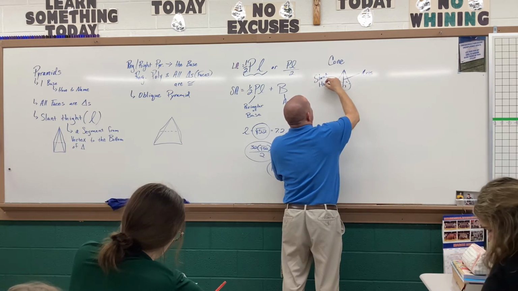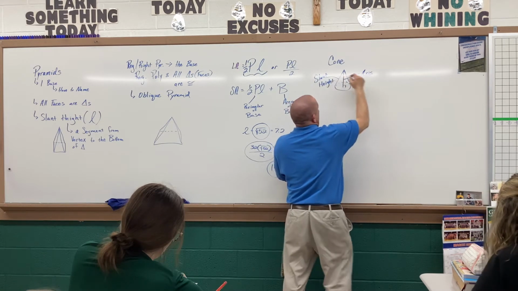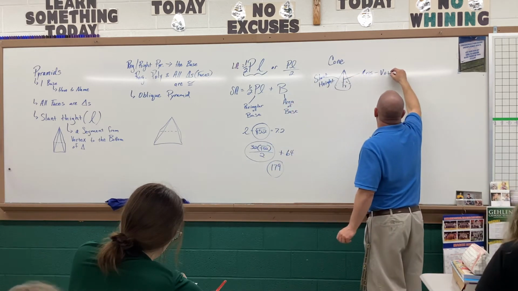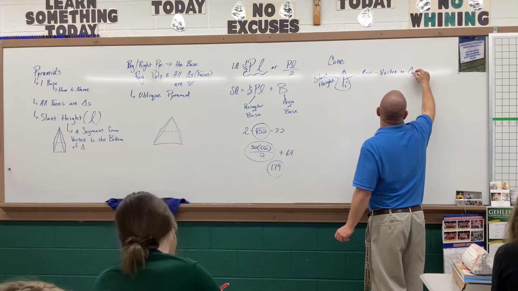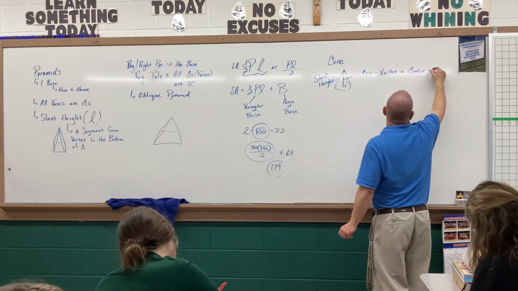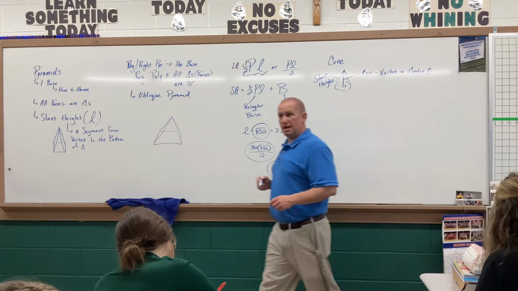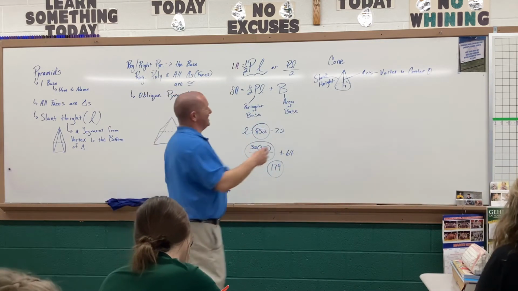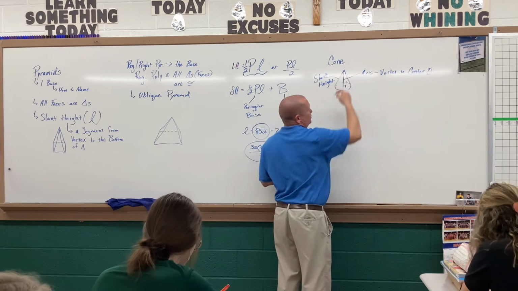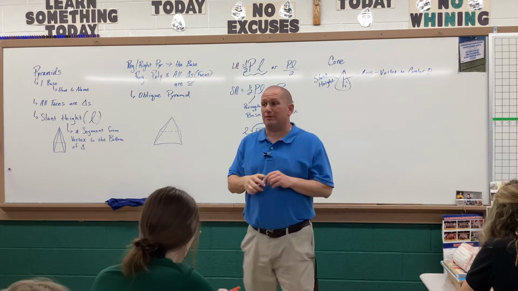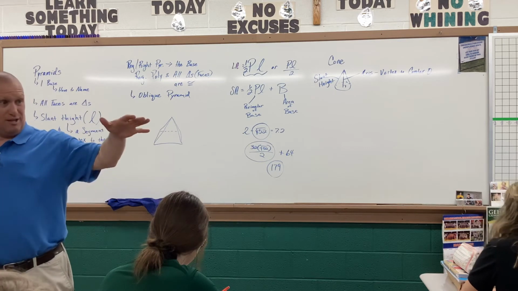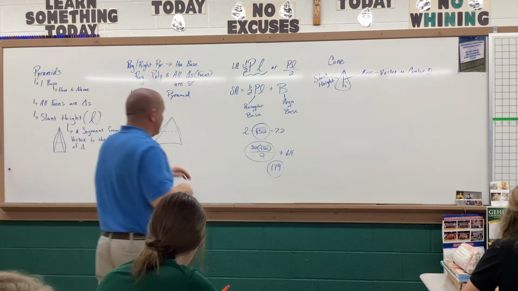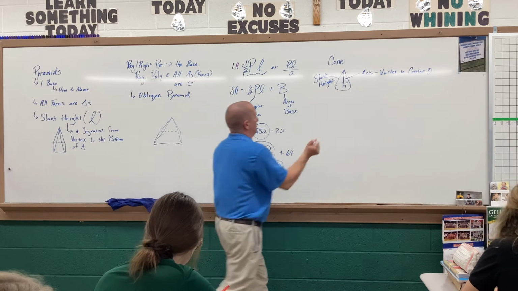So again, the axis goes from the vertex to the center of the circle. My slant height is still the edge. So here, you're probably going to do a lot of the Pythagorean theorem or trigonometry to figure out your slant height.